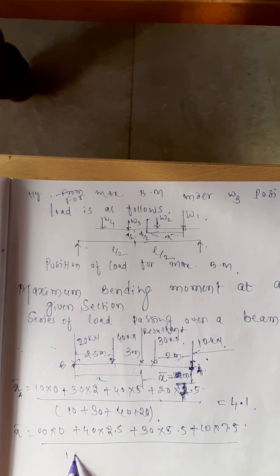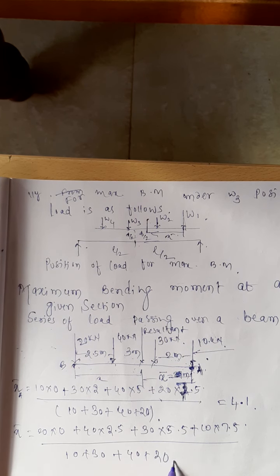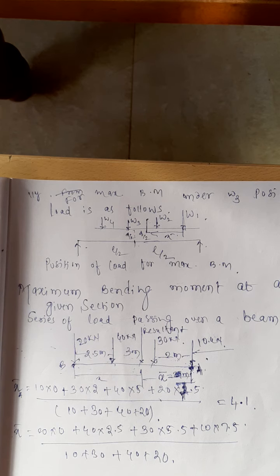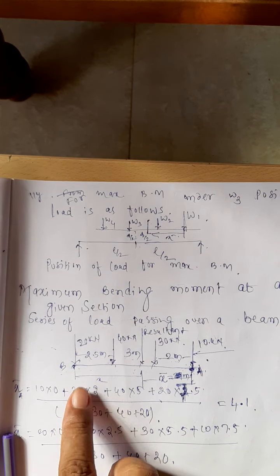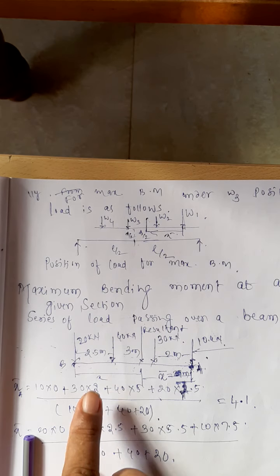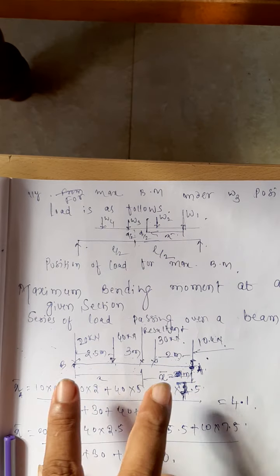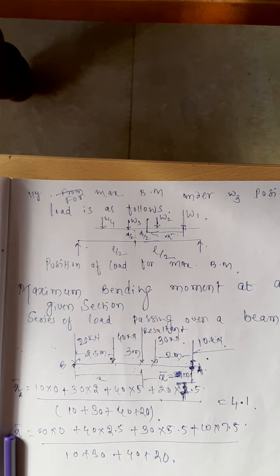Again divide by 100: 10 plus 30 plus 40 plus 20. From here, if I want the position of the resultant, then I need to take the moment about the point B, that is 20 into 0 plus 40 into 2.5 plus 30 into 5.5 plus 10 into 7.5, divided by 10 plus 30 plus 40 plus 20.